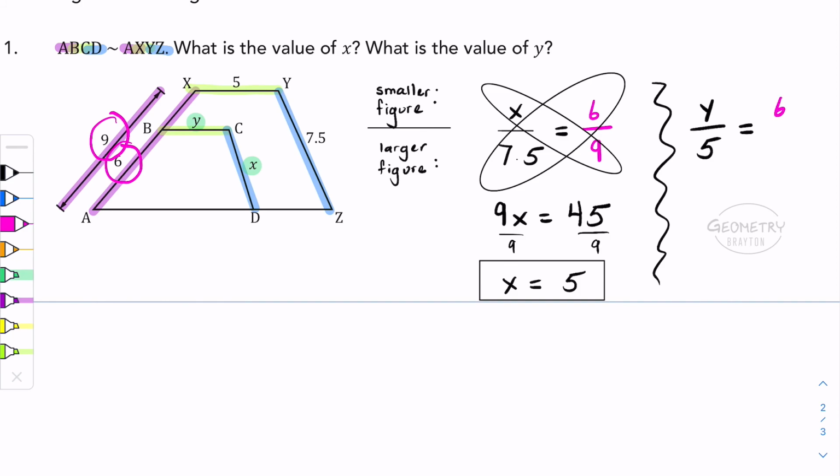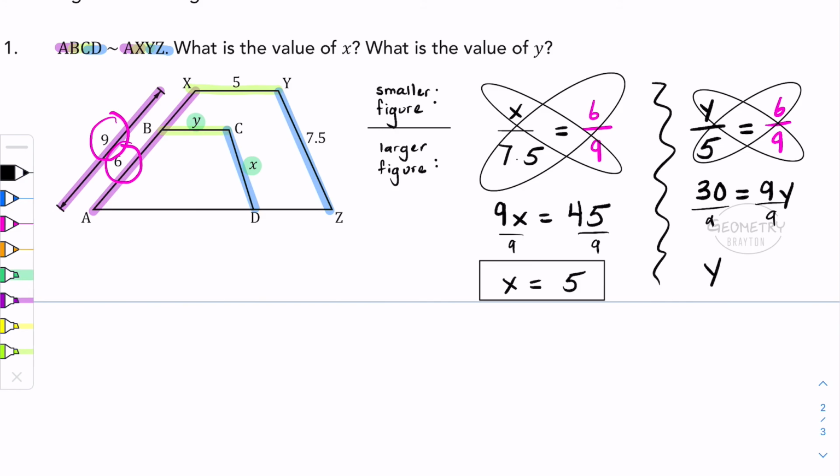So I can use 6 over 9 as my second ratio. When I cross multiply, 6 times 5 is 30 is equal to 9 times y. Divide both sides by 9, and your y value is 10 over 3. Leave that as a fraction. Do not convert that to a decimal.